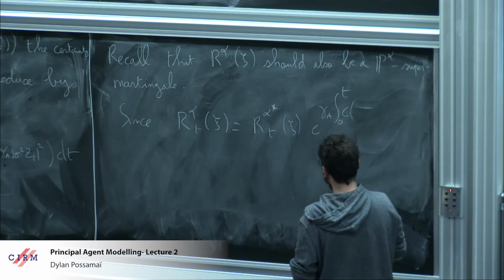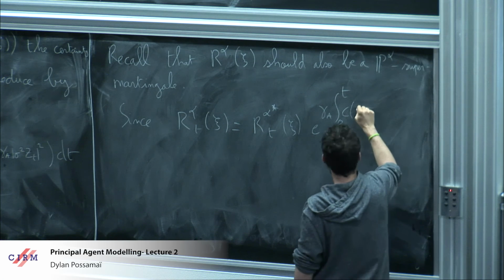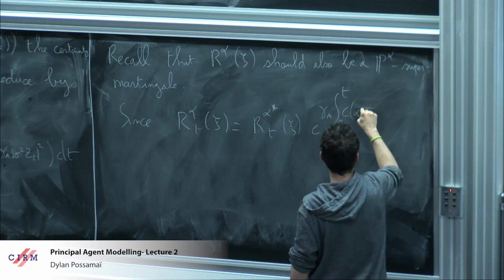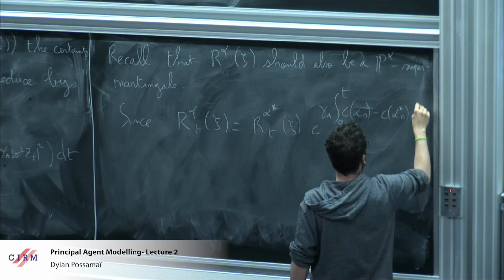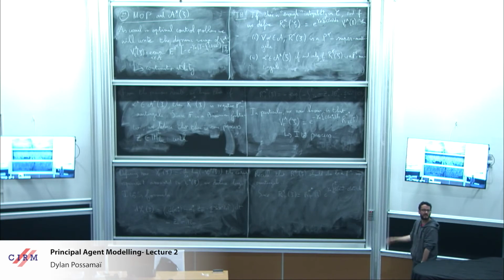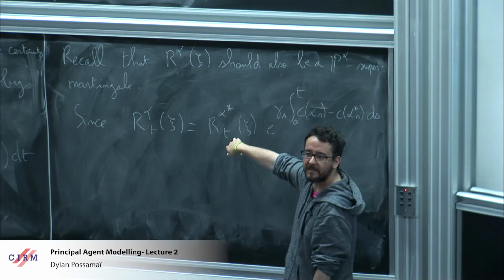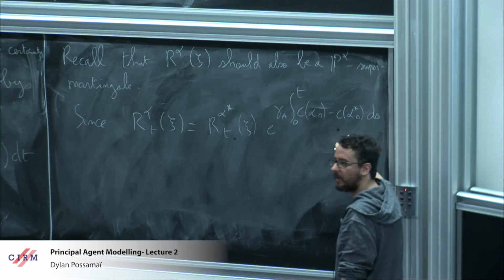So you should get C of alpha minus C of alpha star. Right? You move from one to the other just by changing the discount. So I'm adding and subtracting whatever I need. Great, I know what the dynamics of this is. Nice bounded variation process. I can apply Ito's formula again.